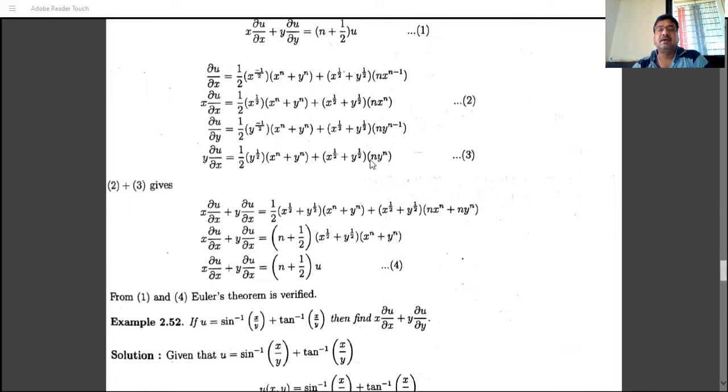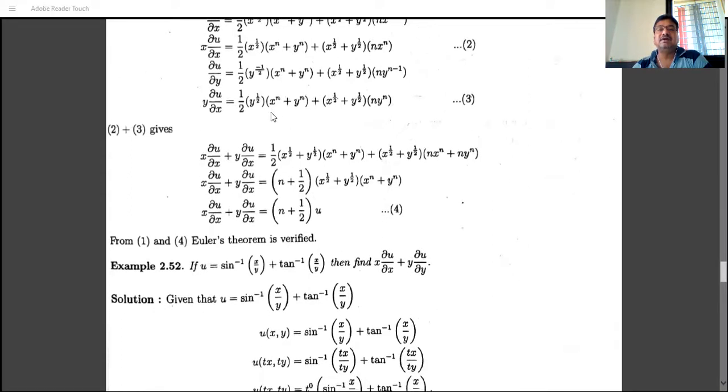Then adding the two, we have the addition on the left-hand side as x ∂u/∂x plus y ∂u/∂y. Take 1/2 as common, with x raised to n plus y raised to n as common factor. We have x raised to half plus y raised to half in the bracket. Then take x raised to half plus y raised to half as common, and n as common. We have in the bracket x raised to n plus y raised to n.